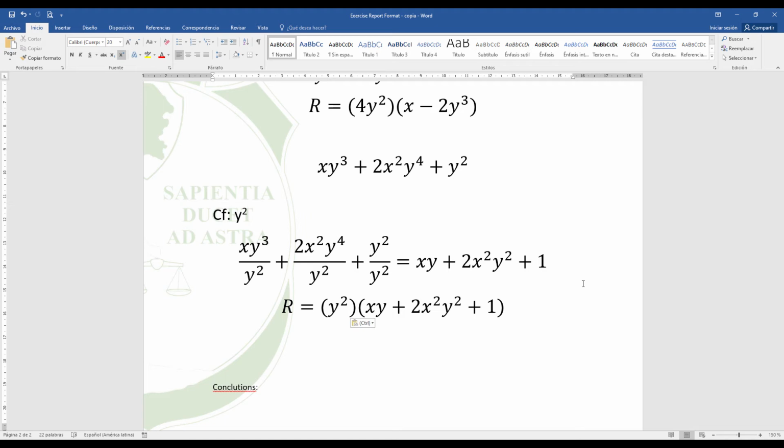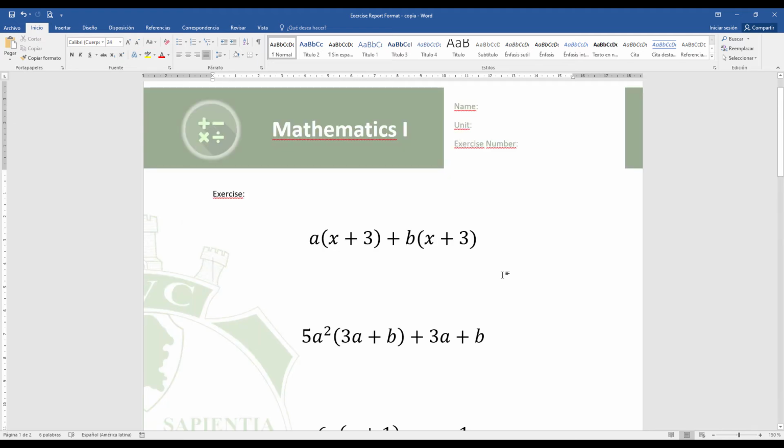Now we will see exercises when the common factor is a polynomial. Okay, now we will see what happens when the common factor is a polynomial. So here you need to look for the common factor. If you look here, you need to look for a polynomial. So in that case it is x plus 3.